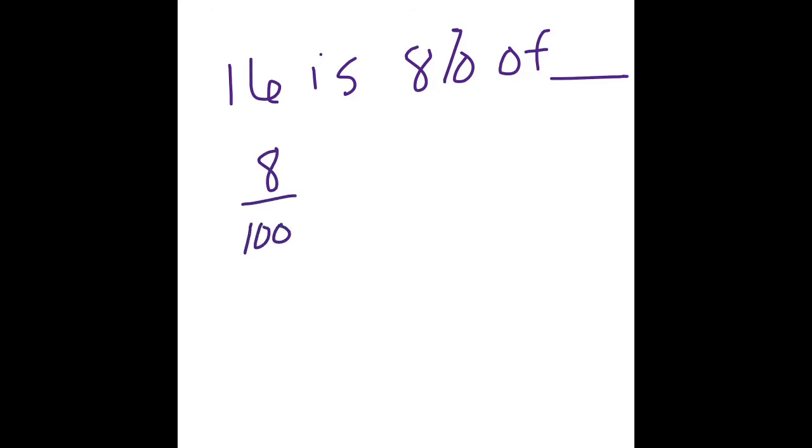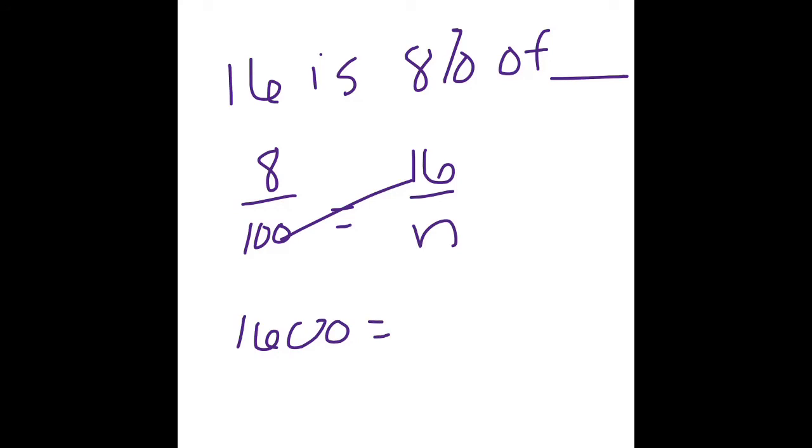Maybe 8 over 100 equals, think about that one. And this one was 16 over n. So you get 1600 equals 8n. Divide both sides by 8. And what do you get for your answer? Should get n equals 200.